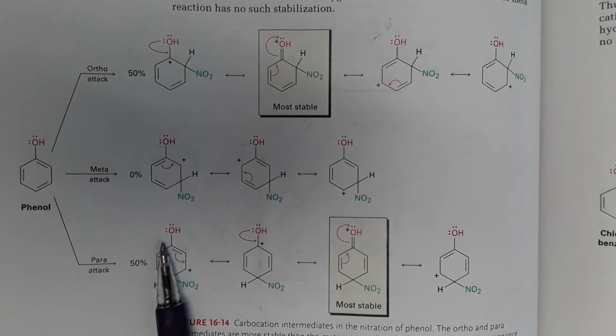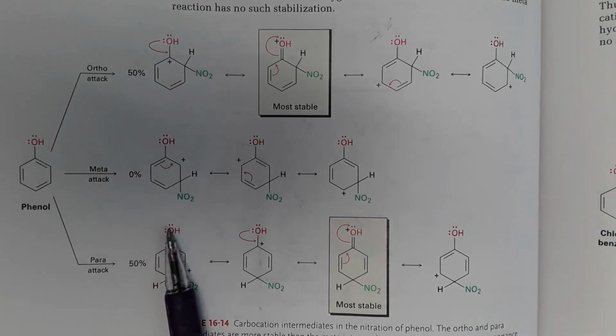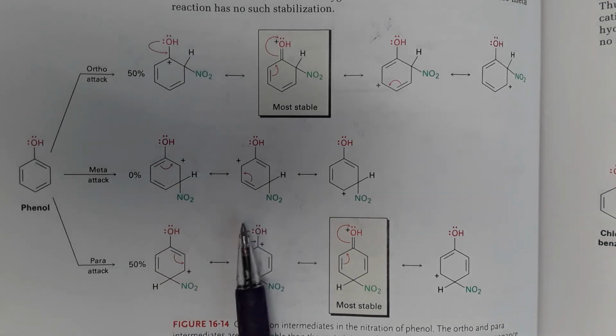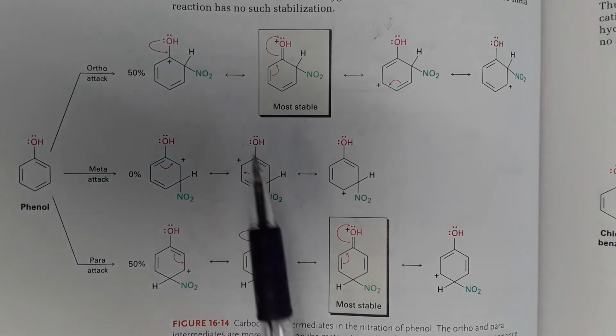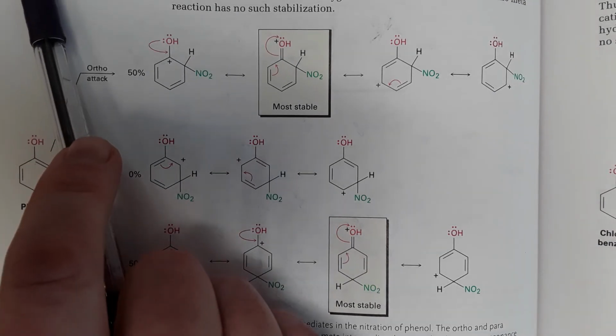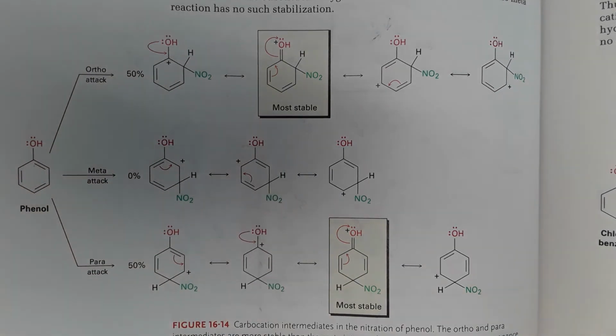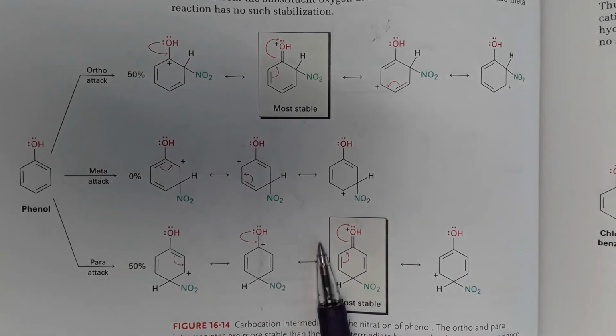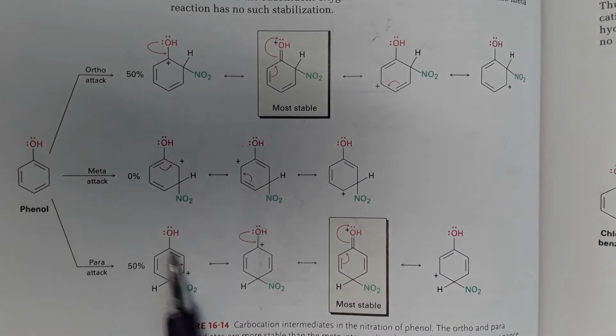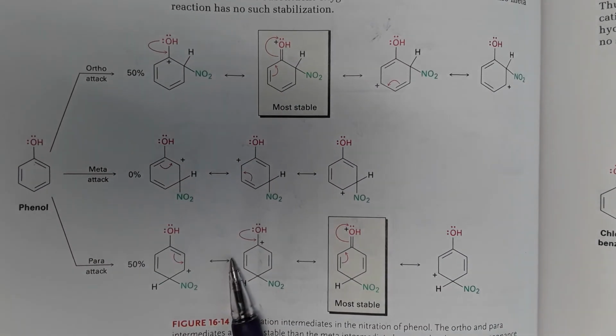It works for everything else, and so you don't have to explain things the way the book has explained on page 499, this is page 500, 501, and 502. All of those are using between 9 and 11 resonance structures of the intermediate. But you do have to use this method to explain and understand why a methyl group is an ortho-para-director and why it's an activator.